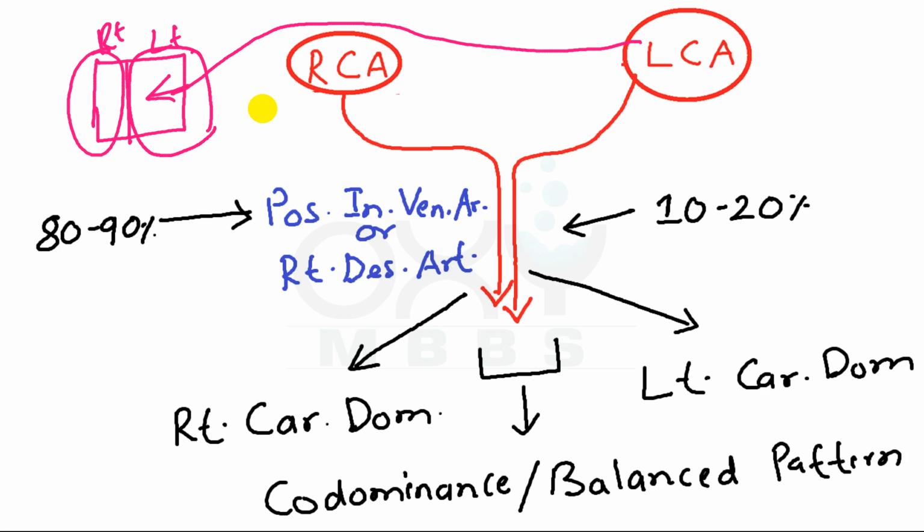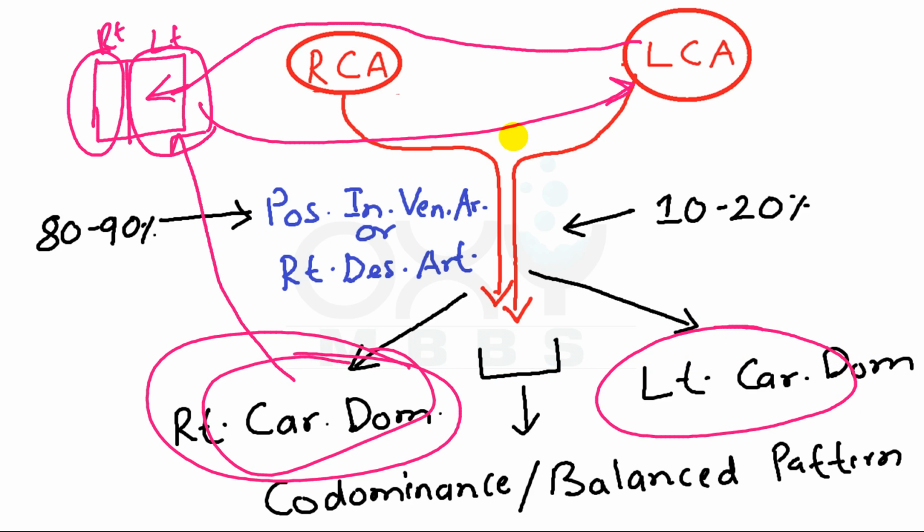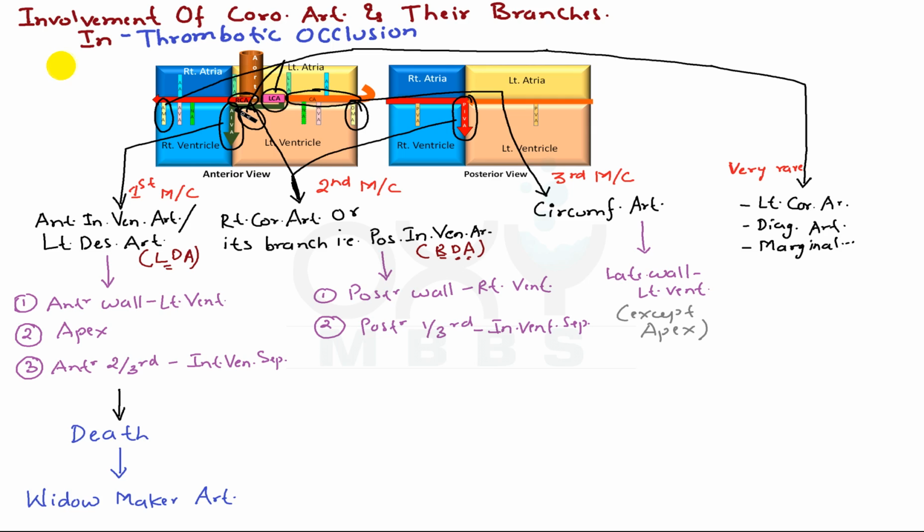So please don't get confused between cardiac dominance and the majority of the heart tissue supplied by the left coronary artery. Whether it is right cardiac dominance or left cardiac dominance, the majority of the cardiac tissues will be supplied by the left coronary artery.